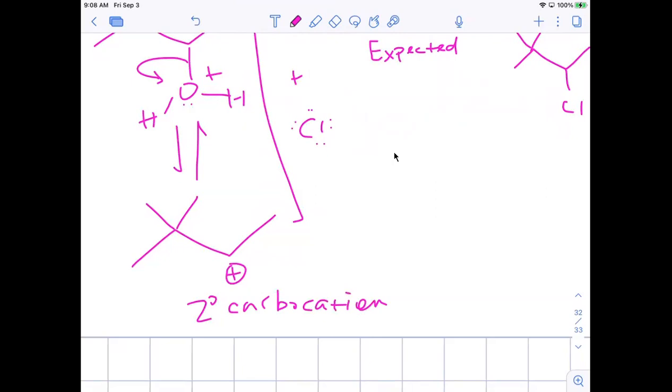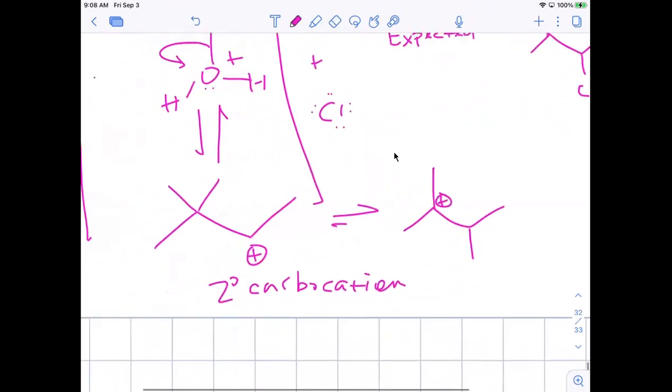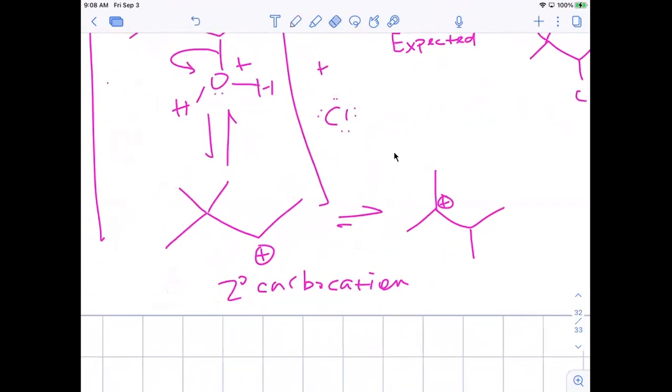Right, and so the secondary carbocation, I'm going to show you what happens, and then you can tell me what happened. All right, so that's what that becomes.